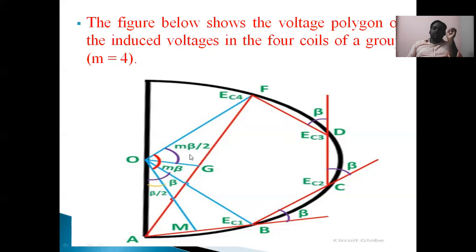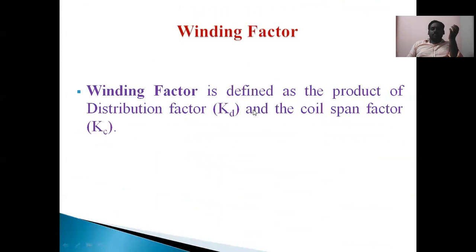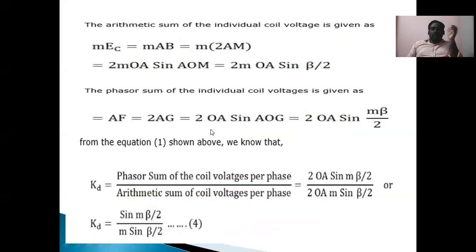Sine m beta by 2 is AF divided by OA, so AF is 2OA sine m beta by 2. Already 2 is there. Finally, we can substitute the phasor sum as 2OA sine m beta by 2.